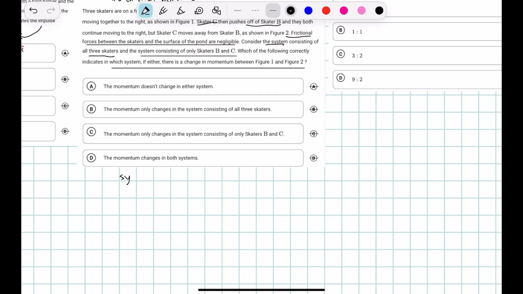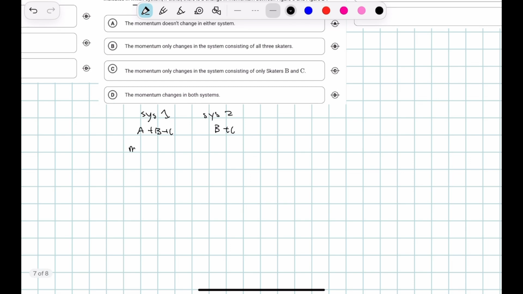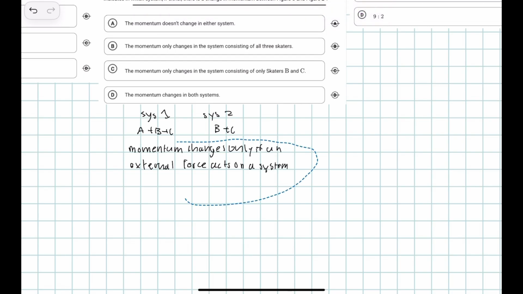We have system 1 of A, B, and C, and system 2 of B and C. We know that momentum changes only if an external force acts on a system.